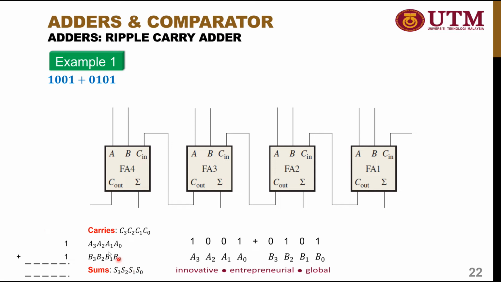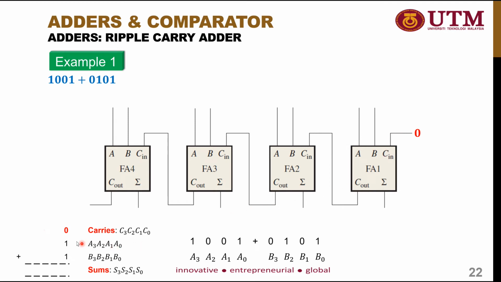Okay, so how to solve this problem? First, we need to initialize the initial carry, which is connected to the full adder 1. The initial carry will be initialized as 0 because there is no carry at the initial state of the addition. And then 0 will be connected to the Cin.